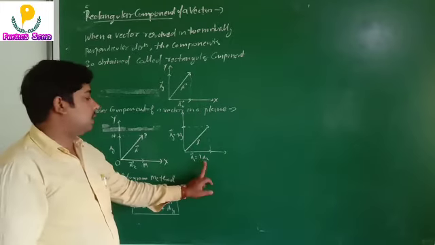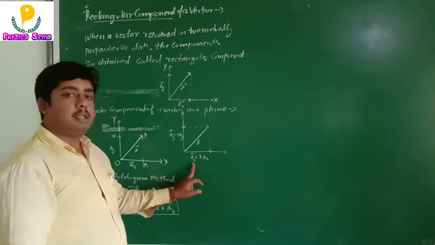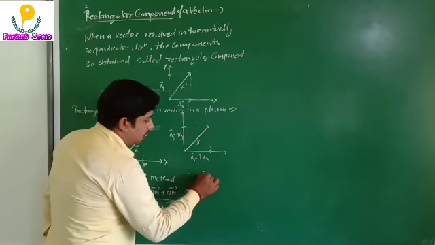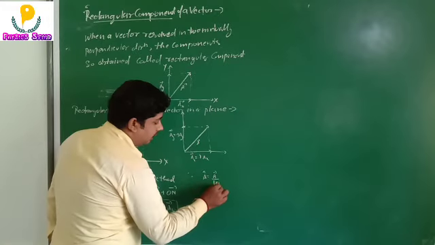The multiplication of the magnitude and the unit vector gives the vector, because you know that the unit vector A is equal to what? Vector A upon mod of vector A.